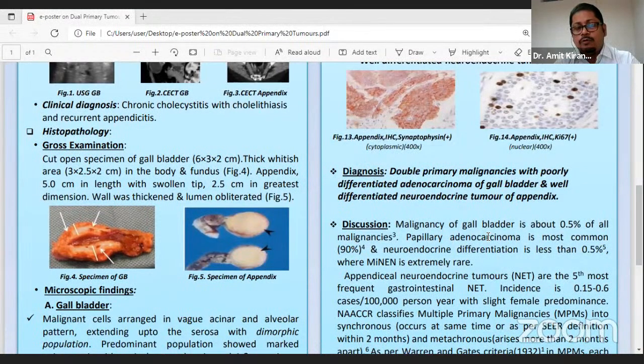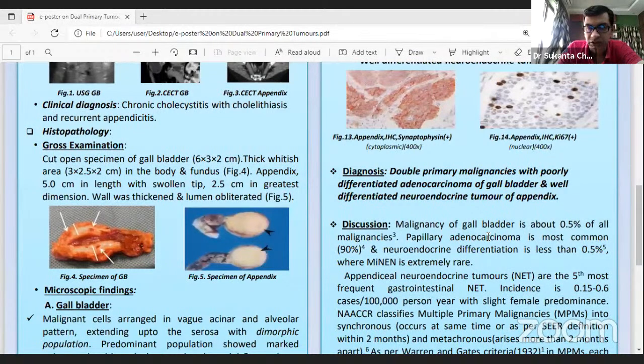Sir, it was not MiNEN, because the two entities must each be at least 30% of the entire tumor, as per the definition of MiNEN. There should be a neuroendocrine component and a non-neuroendocrine component. But in this case, it was preliminarily thought to be neuroendocrine cells, but it was negative by synaptophysin, and for that reason, it is not a MiNEN.